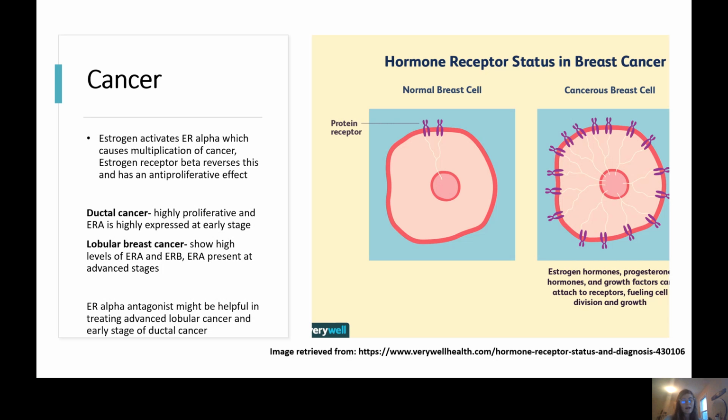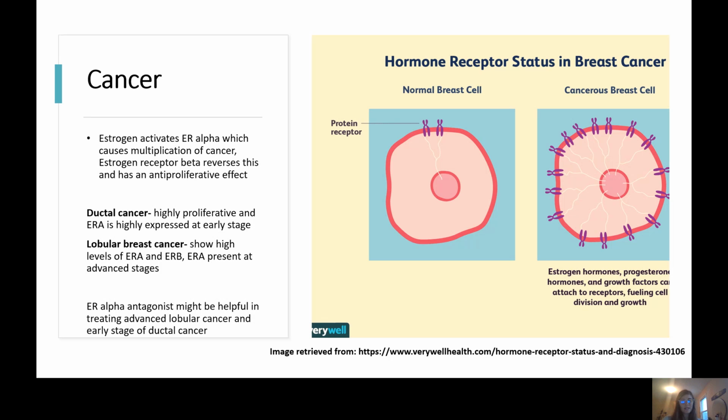For cancer, as you can see on the picture to the right, there's a normal breast cell which shows the protein receptor binding to the nucleus, and the cancerous breast cell is on the far right-hand side, and that shows all of the estrogen hormones and growth factors that attach to receptors, which fuel cell division and growth.